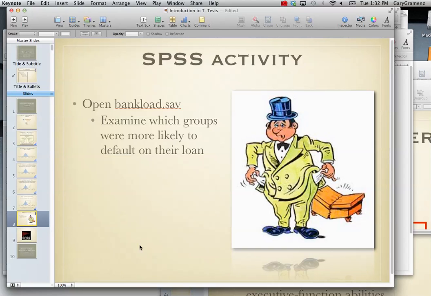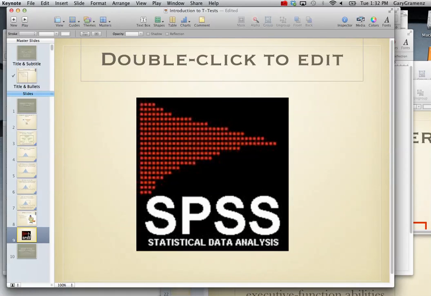But the actual database that we want to open is in the SPSS folder, and it's called bankloan. It should be bankloan.sav. And we're going to examine how likely or unlikely groups are to default on their loan. And we're going to use this SPSS statistical data analysis software package.